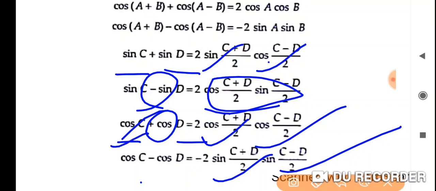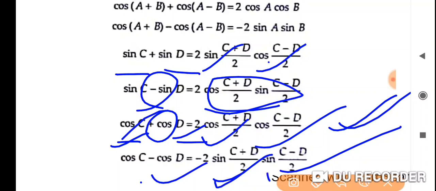For the sum cos plus cos, you write cos cos, and in case of the difference cos C minus cos D, you have to use minus 2 sin((C+D)/2) sin((C−D)/2). You have to use minus here.